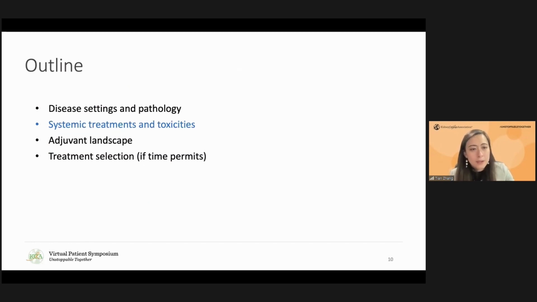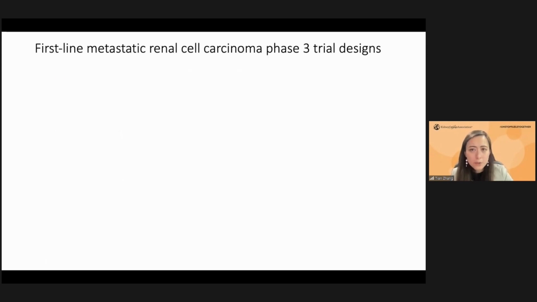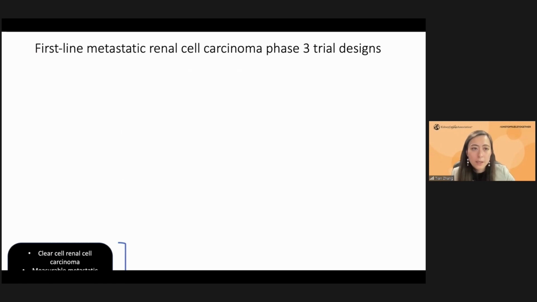So with that, setting the background of why we do what we do, I want to talk to you a little bit about how far we've come in terms of our systemic treatments and some of their toxicities. So in the past 8 years or so, there have been a number of first-line metastatic kidney cancer trials that have gained registrations and approvals for immunotherapy combinations.